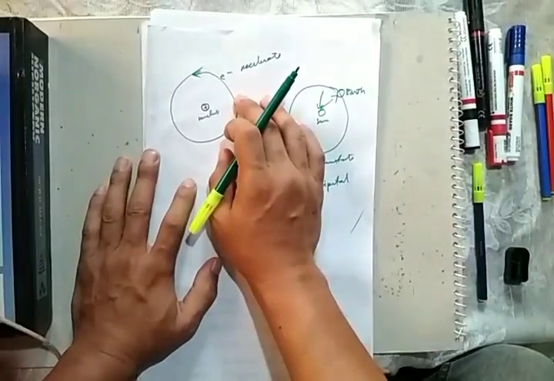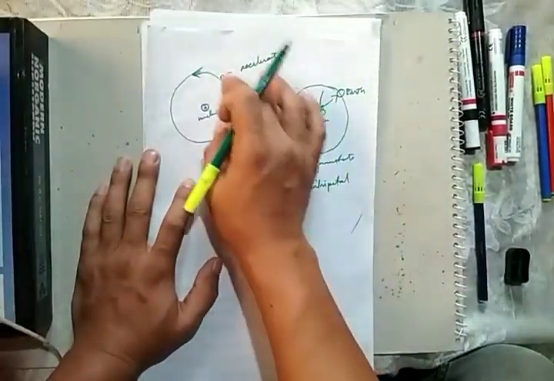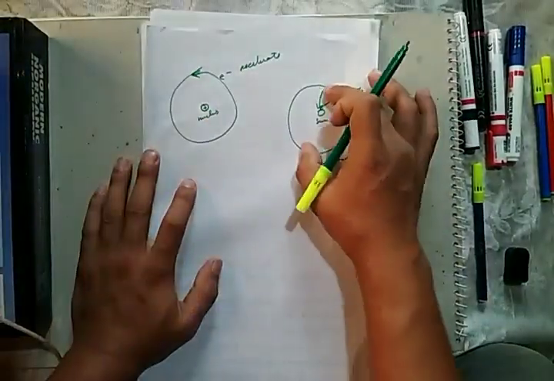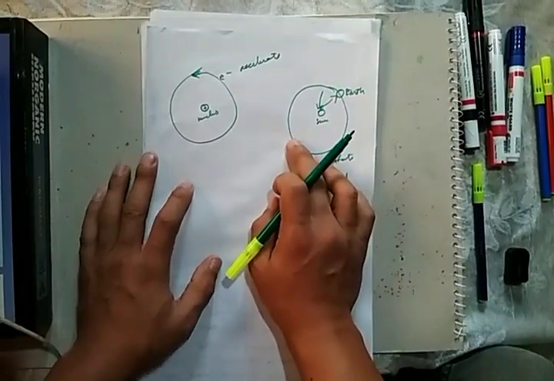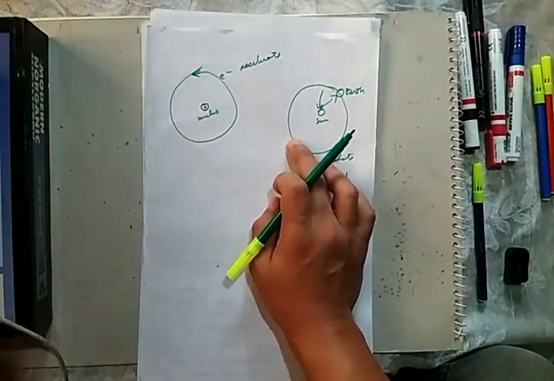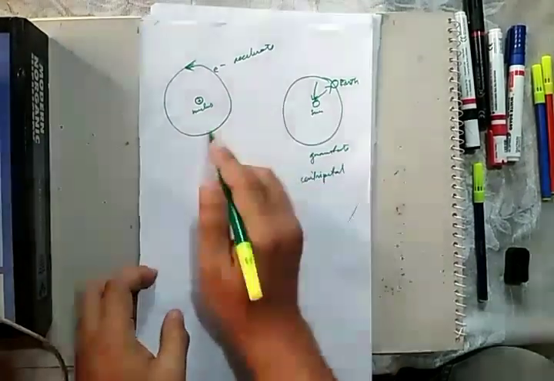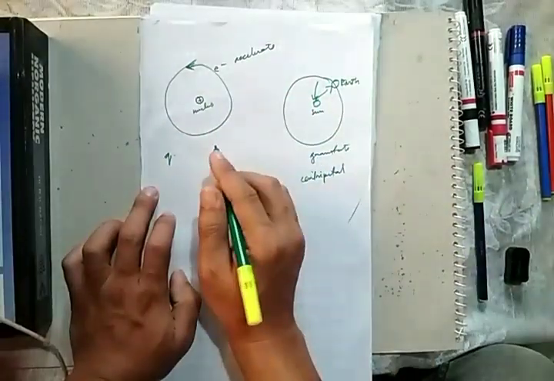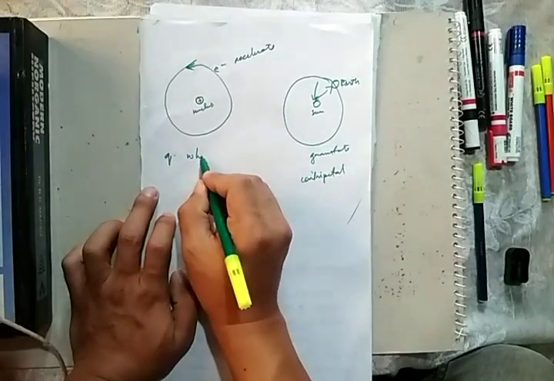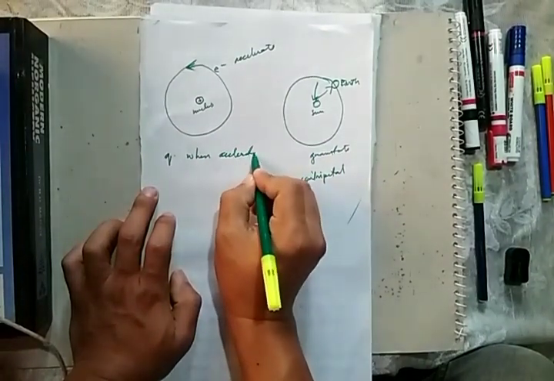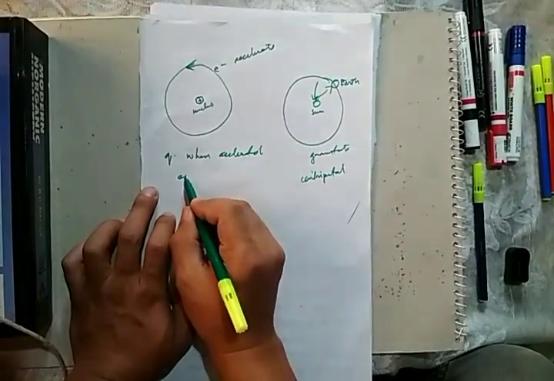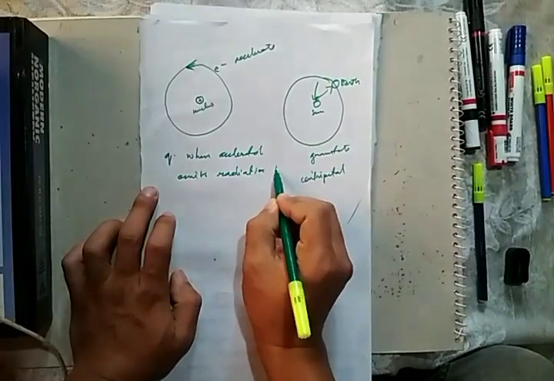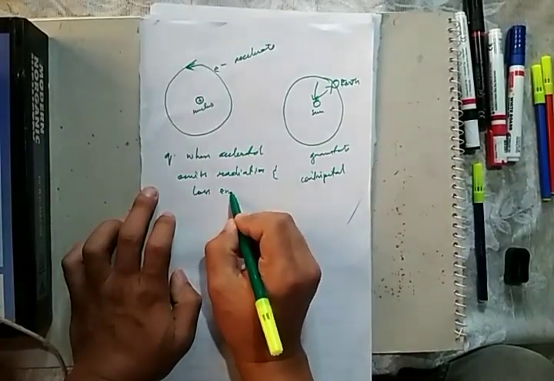Rutherford must have thought that the electron revolves around the nucleus like the planet around the sun. But according to Maxwell's theory, charged particles, positive or negative, when accelerated, emit radiation and lose energy.